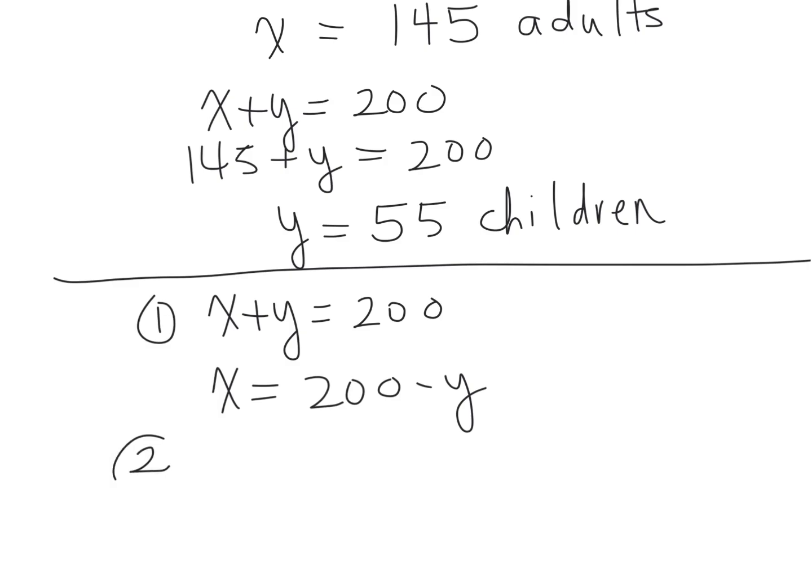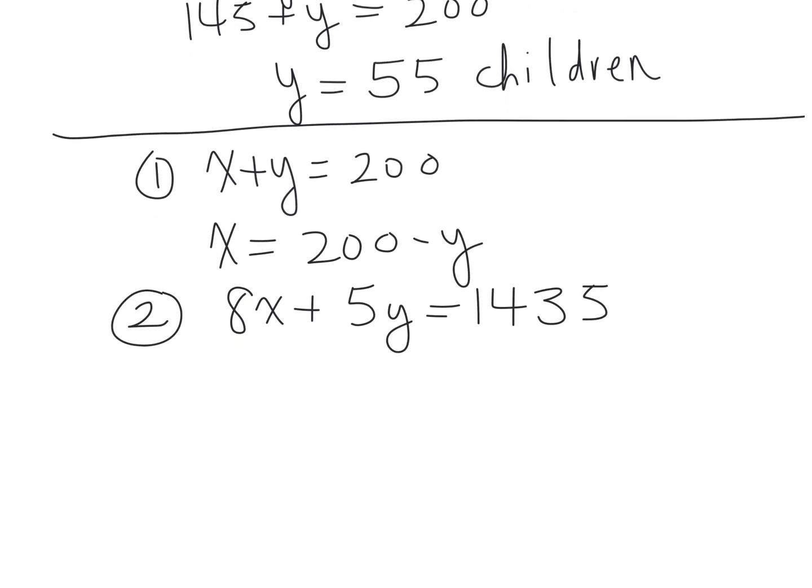And then I have equation 2, which was the revenue for the theater, which is 8x plus 5y equals 1,435. So I'm going to substitute 200 minus y for the x in that second equation.